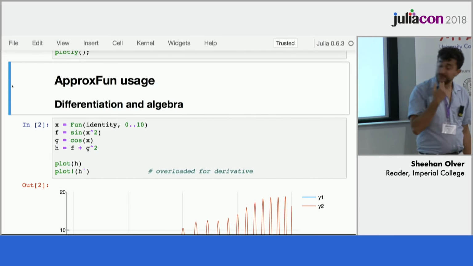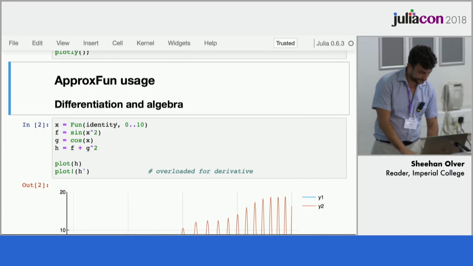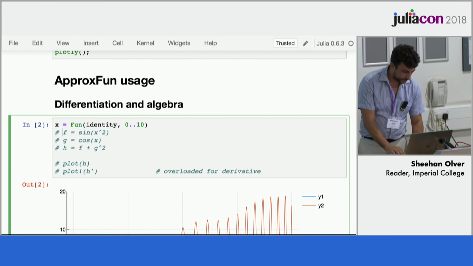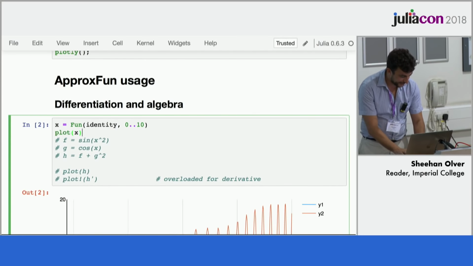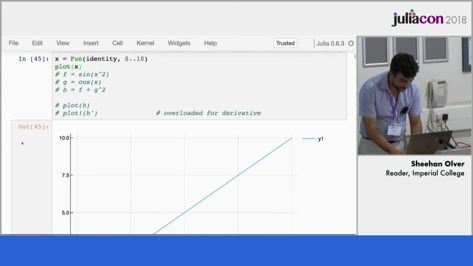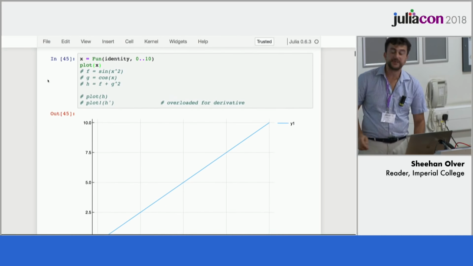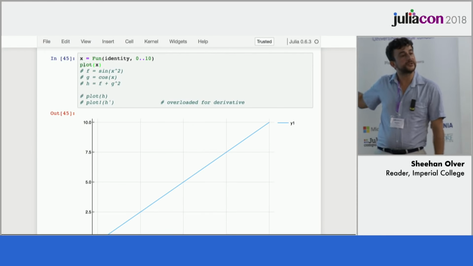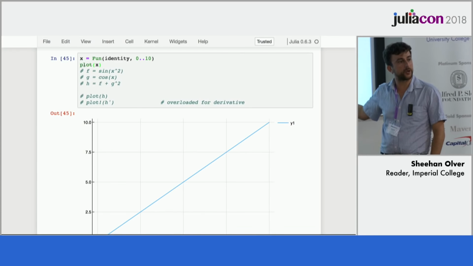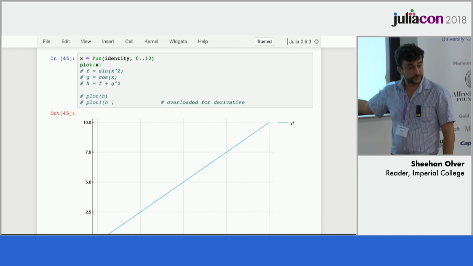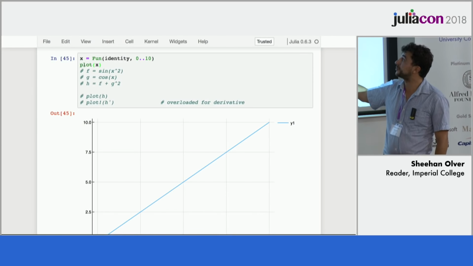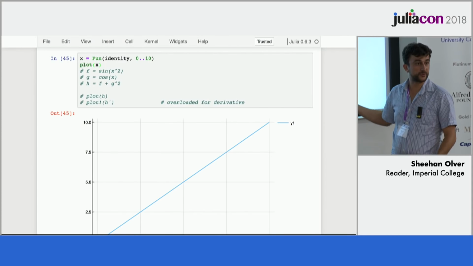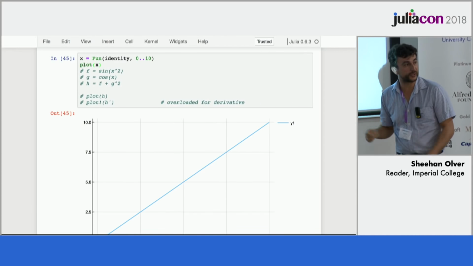First, I can create a function, in this case, x. Behind the scenes, and I'll dig into the details later, it's created a special type called fun. It stores some information about this function so that it knows how to recover it, and therefore we can override the different operations to play around with these functions without worrying about the details.